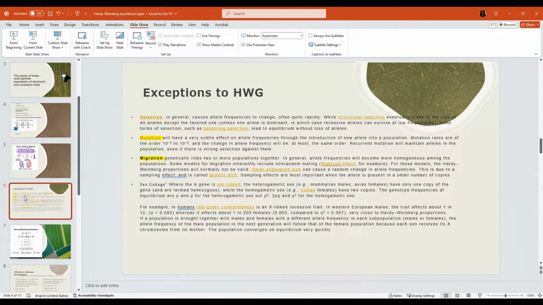both of these men were physicists, not biologists, which is surprising given that they wrote an equation that applies to biology. But remember Newton's first law of motion: an object at rest will remain at rest unless acted upon by an external force. And an object in motion will remain in motion unless acted upon by an external force. Well, Hardy-Weinberg is a biological equivalent to Newton's first law.